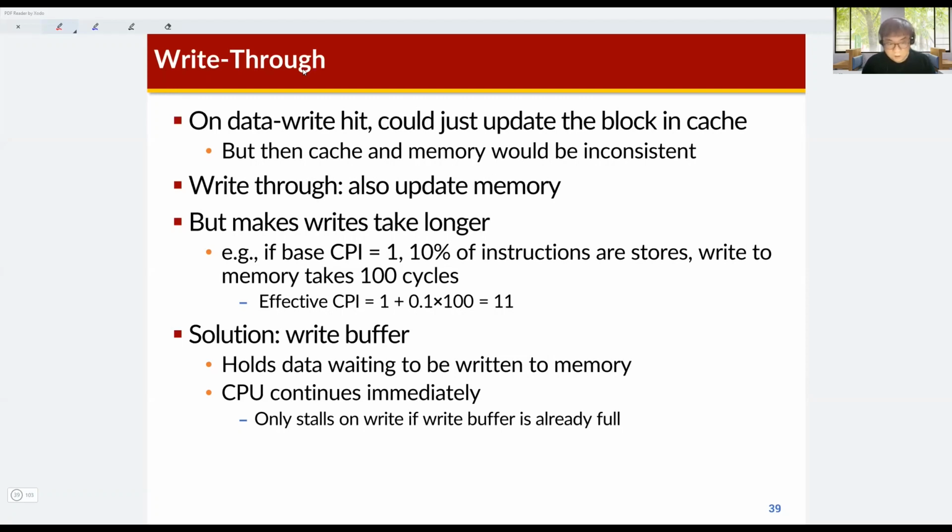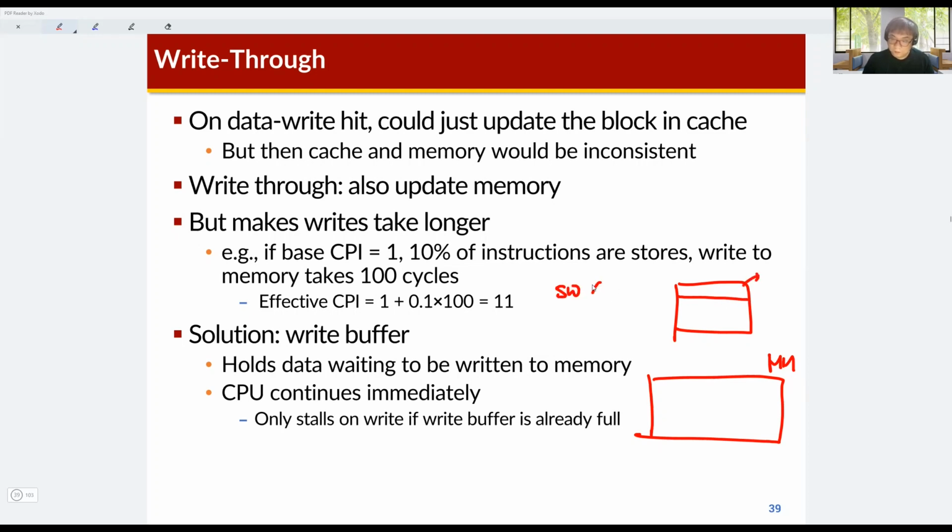Oh, why was the figure erased? So this is the cache. This is main memory, and this is some cache line, and we store some data to the cache with the address of this store instruction.